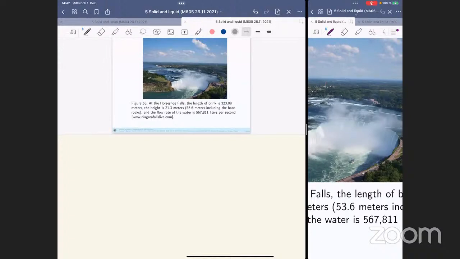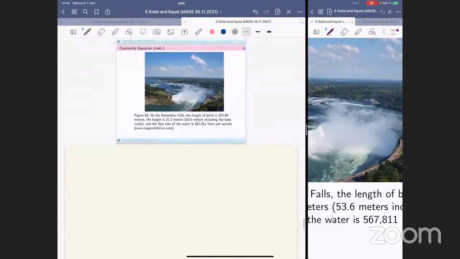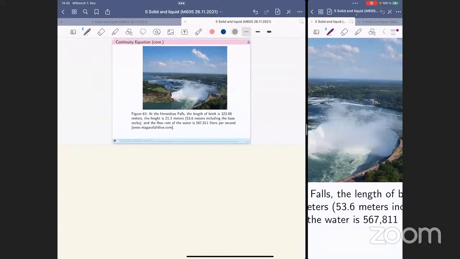Yes, the tool that we have just learned is only the so-called continuity equation, which says that the volume difference per time difference equals the cross-sectional area at one location times the speed of the water flow at that location, and also equals another cross-sectional area times the speed at the second location.